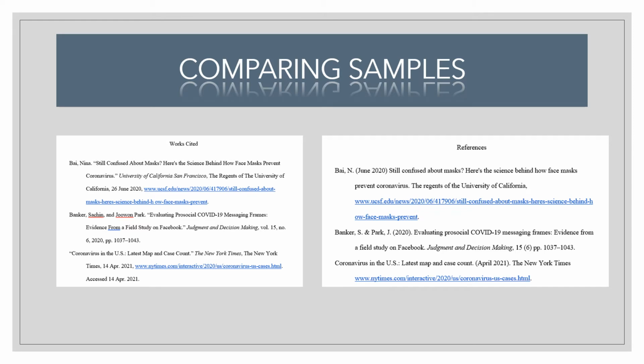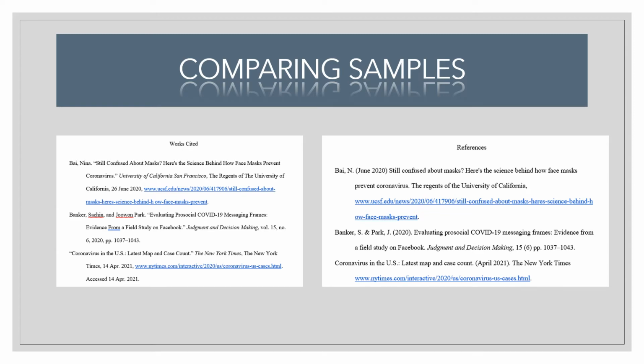So this is kind of small, but I wanted you to see the difference between what these look like when you are looking at the actual same source. It's the exact same source, but one is formatted in APA and one is formatted in MLA. So notice here the initial, right? We have that.